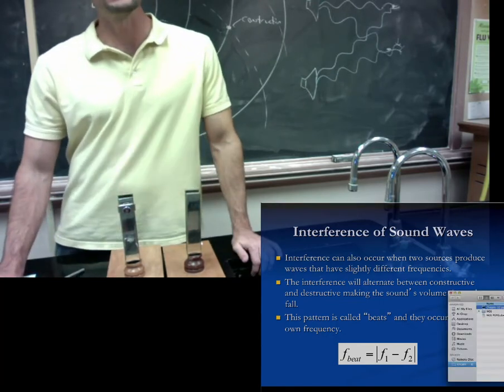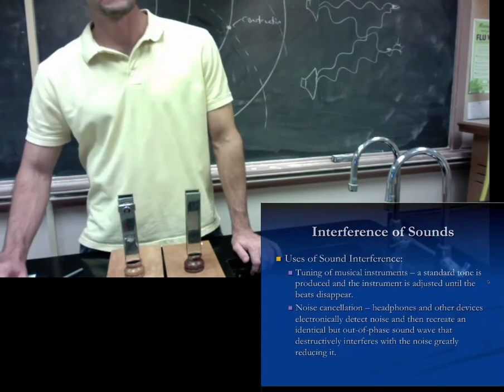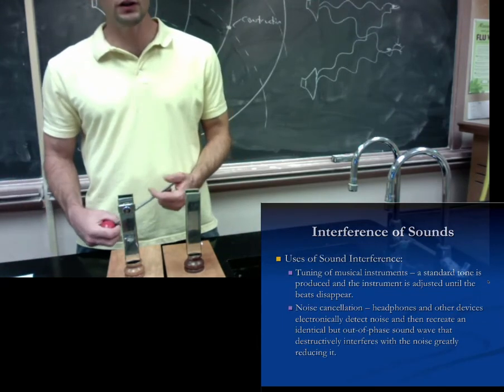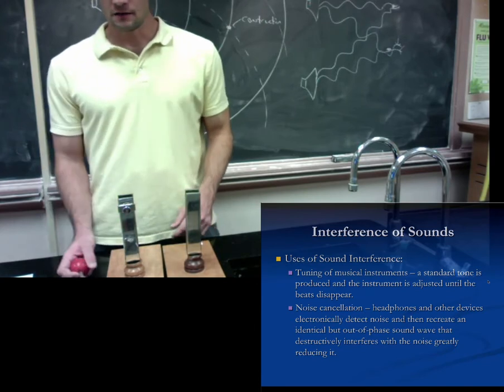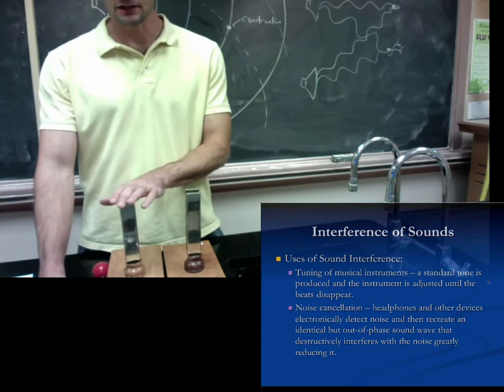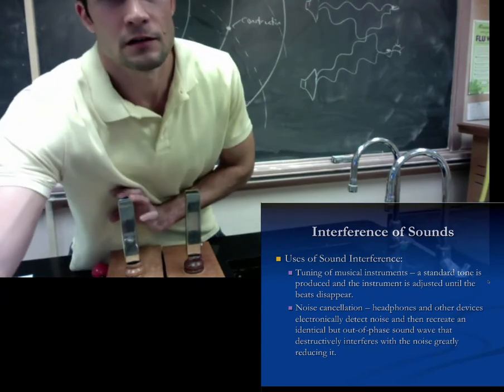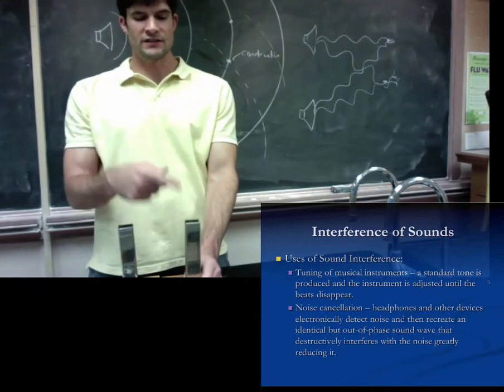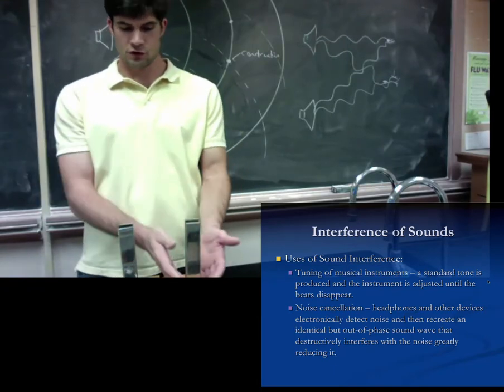So one of the uses of beat frequencies is tuning musical instruments. That's in fact why tuning forks were invented. You have a standard tone produced by a tuning fork.